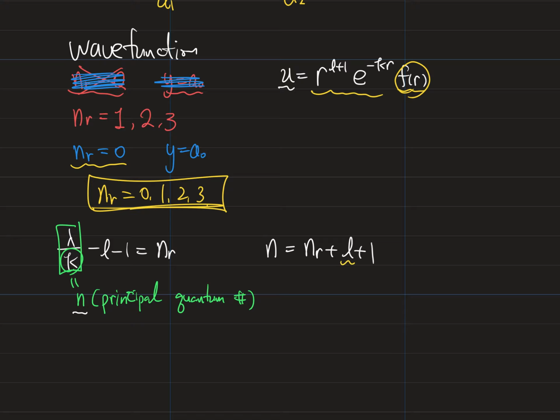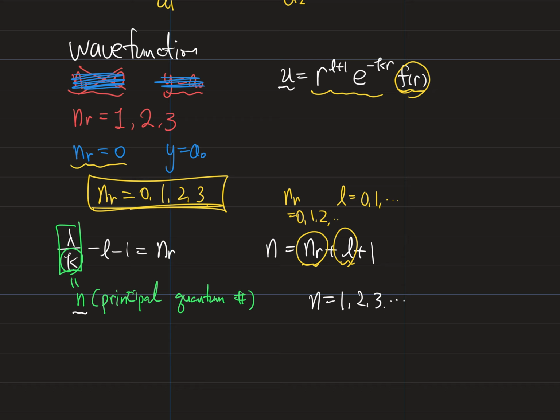So L can be varied from 0 to 1, 2, 3, 4, 5 something, and NR also varied from 0, 1 to something. So that's why we have the principal quantum number starting from 1, and it always has to be some positive integer, right? So NR is the positive integer including 0, and L can also be a positive integer with 0.